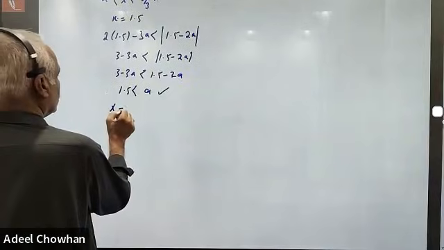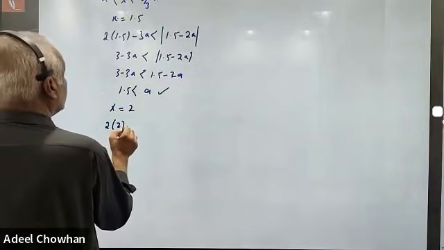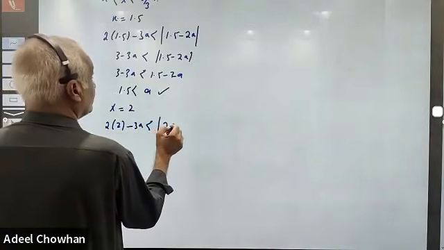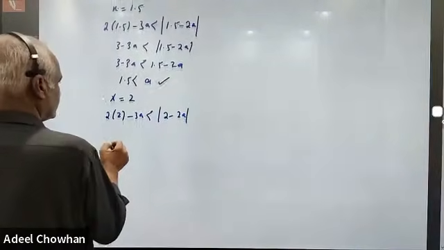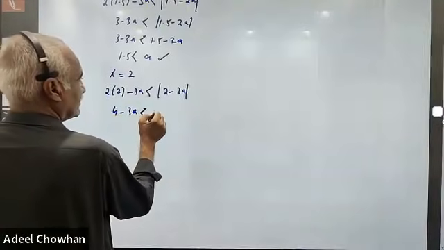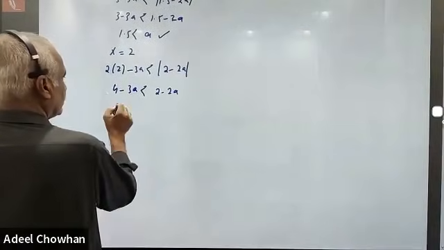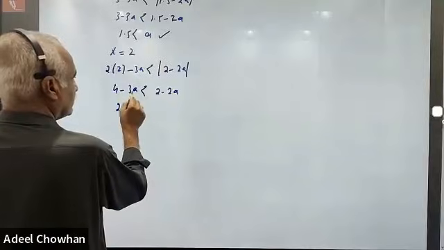x is equal to 2. Then it will be 2 into 2 minus 3a, modulus is 2 minus 2a. It is 4 minus 3a is less than 2 minus 2a, is less than 3a.